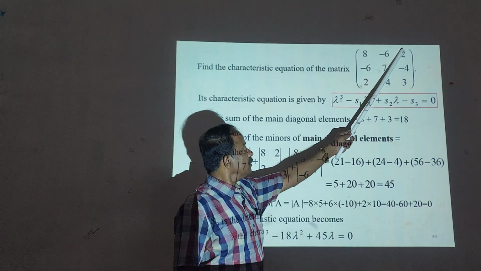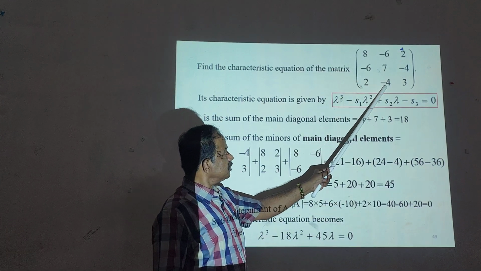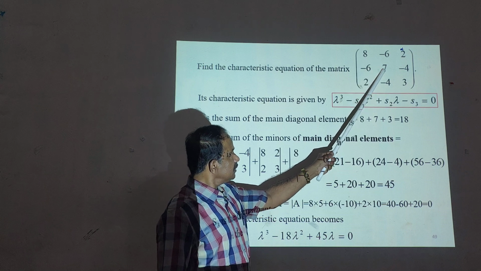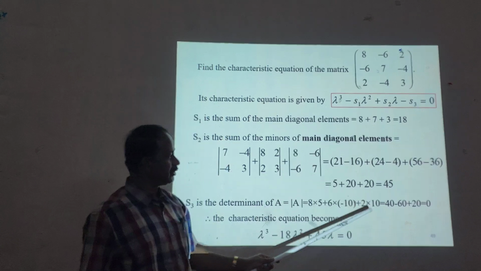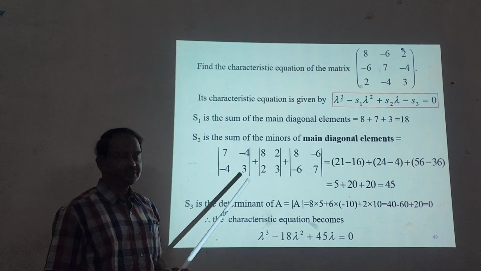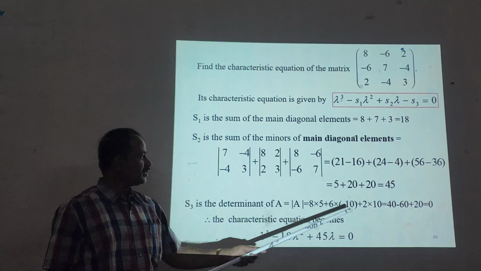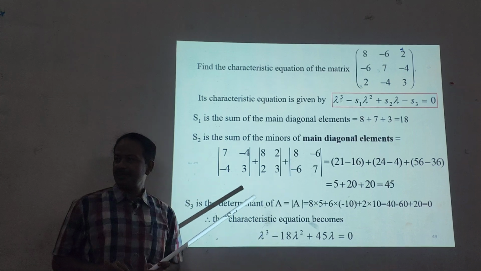The last one will be, so 2, you will have to multiply minus 6 multiplied by minus 4 minus multiplied by 7 multiplied by 2, that will give you 10. So 40 minus 60 plus 20, that answer is 0. So determinant equal to 0.